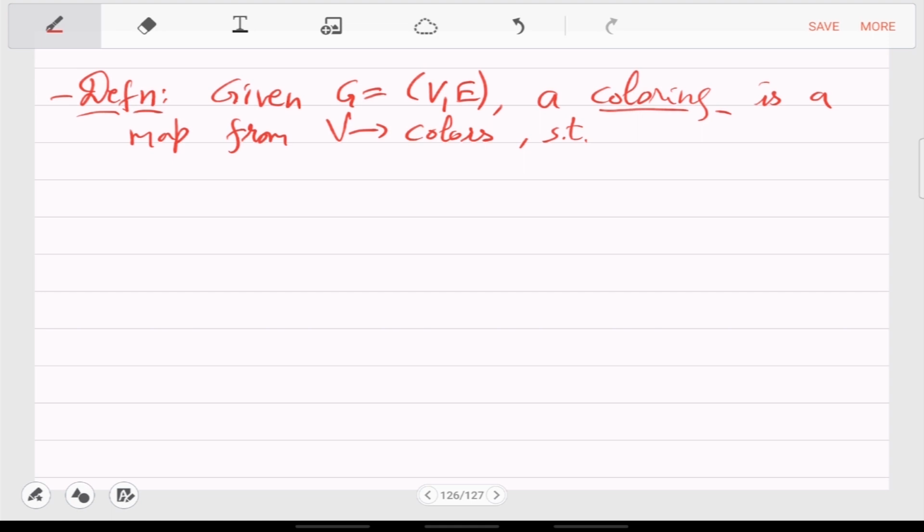Let's say the map is C, such that if UV is an edge, then the colors should be different. Okay, so this is the definition of a valid coloring of a graph, or simply coloring of a graph. So it assigns colors to each vertex such that two adjacent vertices get different colors.